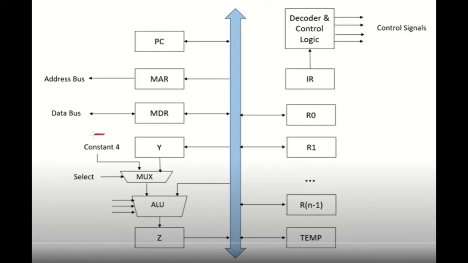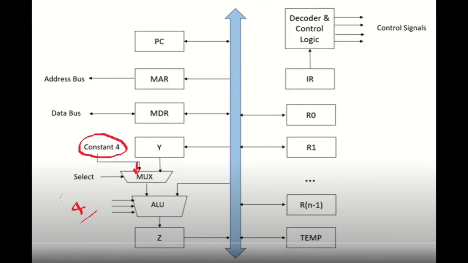So why do we have this constant 4 as an input to the multiplexer? In this processor we are assuming in this system that every instruction is 4 bytes in length and the memory is byte addressable.